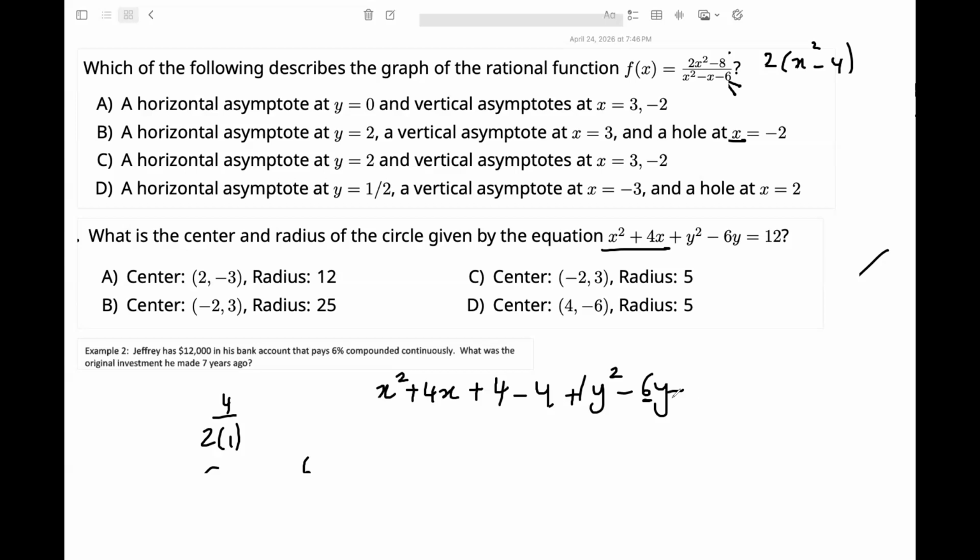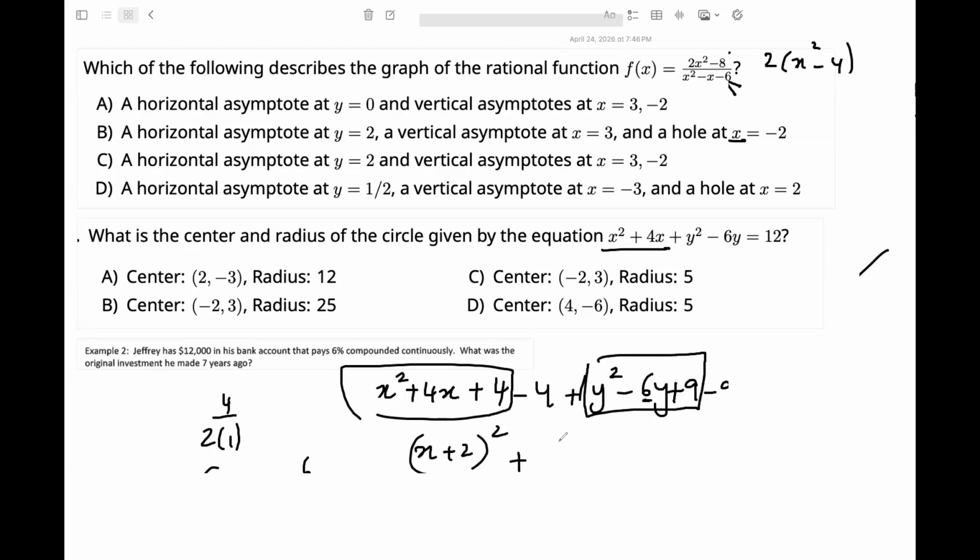So this is 3. So add 9 minus 9 will be equal to 12. Now how do you complete square? This becomes x plus 2 the whole square. Don't worry about the minus 4. I am going to take this. That becomes y minus 3 the whole square minus 13 equal to 12. So x plus 2 the whole square plus y minus 3 the whole square equal to 25. When you think about it, it is 5 square. So the radius is 5.